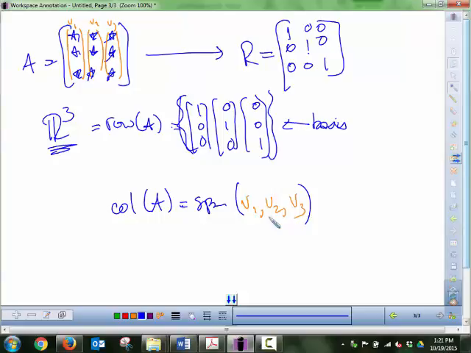Anybody give some more insight to this? It'll span all of R3 again. So this is a 3-dimensional vector space again. Okay? Does that make sense?